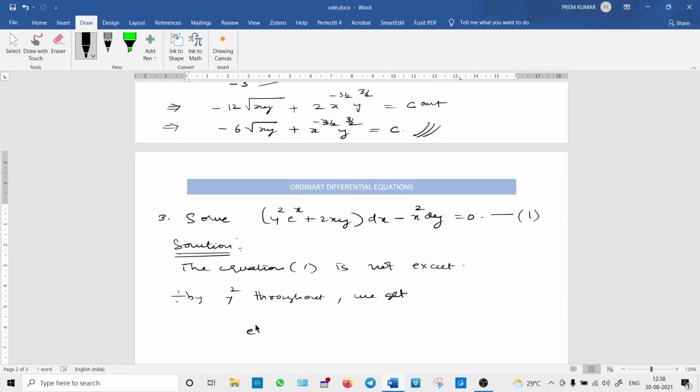So what happens? e power of x, so we are just multiplying this plus. If we divide this by y square, what do I get? 2x by y into dx minus x square by y square into dy equals 0.